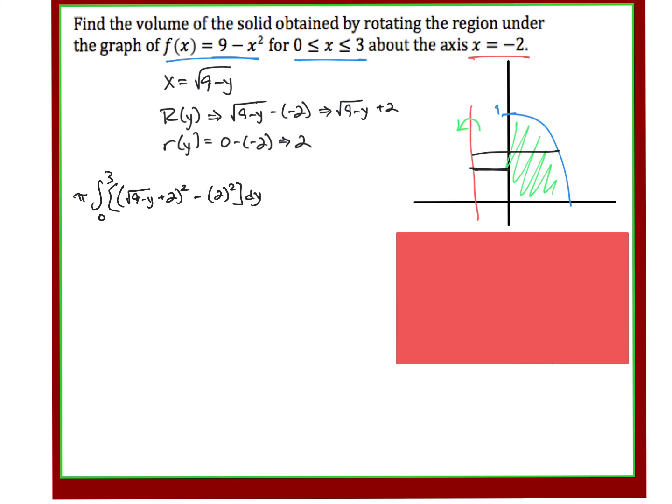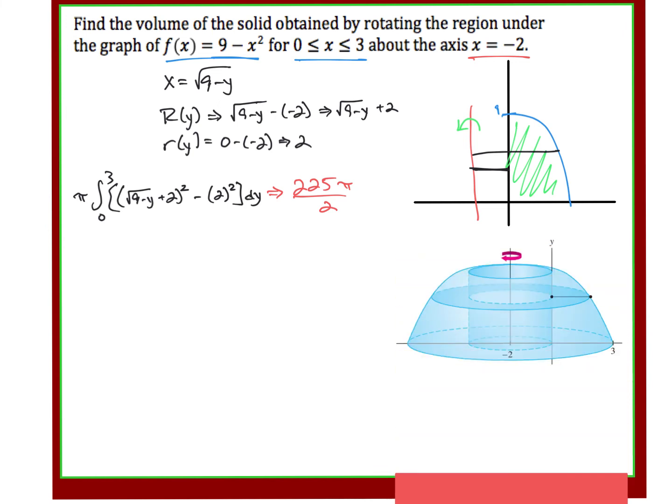Why is it with respect to y? Because it's rotating about a y-axis. I usually solve this one, but for the sake of this shortened period, I'm just going to say you did it. We got 225 pi over 2. Good job. I think it looks like either an angel food cake or a bundt cake, which I like both of them.